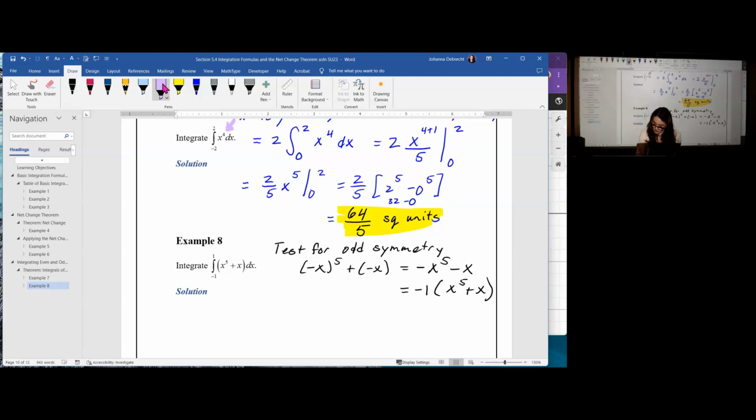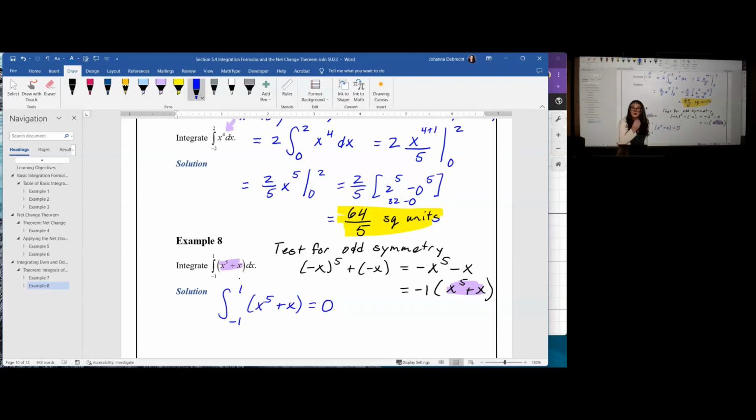Note that this function, x to the 5th plus x in parentheses, matches the original integrand. Once I recognize that it has this origin symmetry, I know that integrating on a symmetric interval containing the origin will give me 0 net area. There's really no work to work out. You simply write the result down, that you get 0 net area.